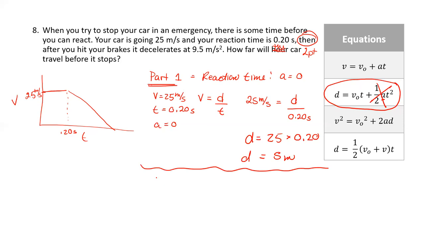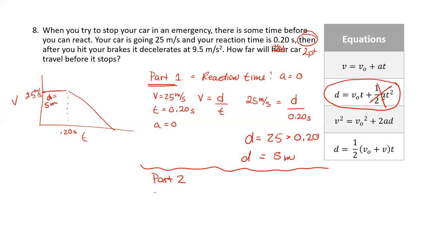Okay, part 2. So this one is 5 meters that we've gone there. Okay, how far do I go in this section of the curve? This section of the graph, the time when I'm actually slowing down. So now I've hit my brakes, I'm slowing down. What about then?